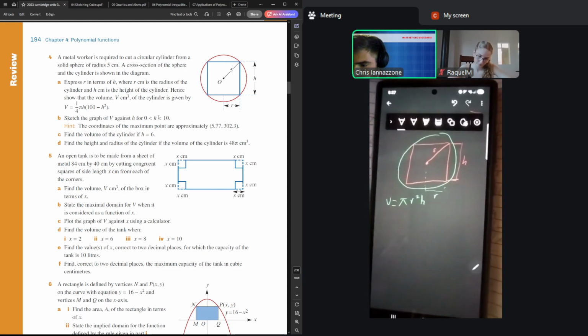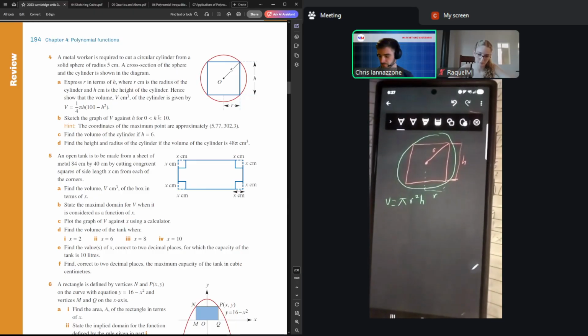Probably on the trickier side, maybe the hardest one we've done in the lesson. Especially considering I spent like a minute or so trying to figure out what the picture looked like.